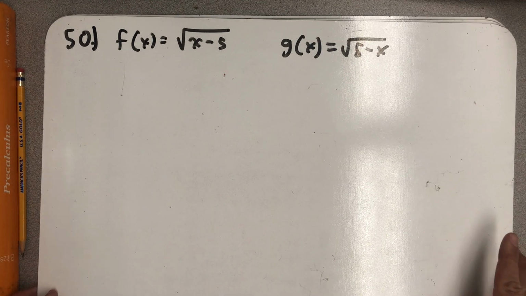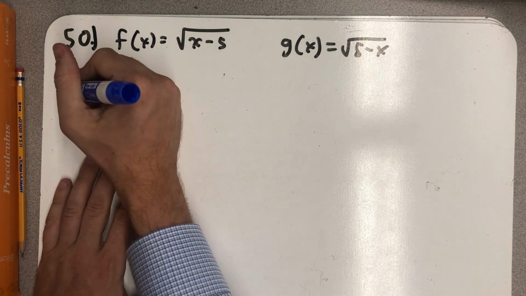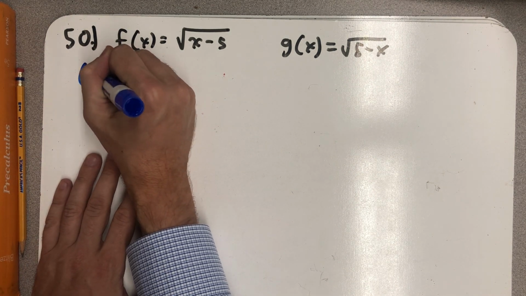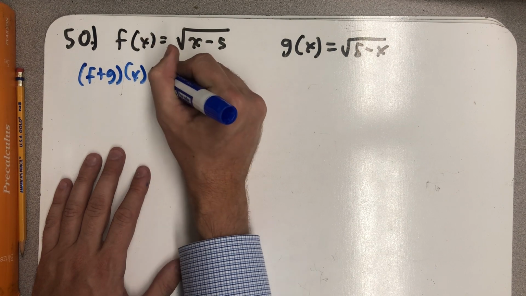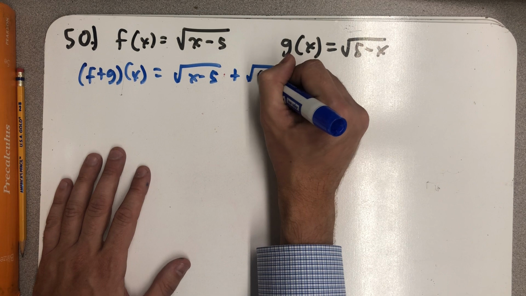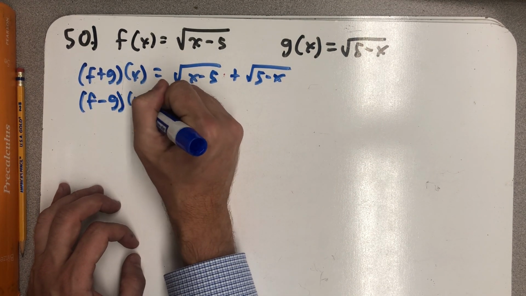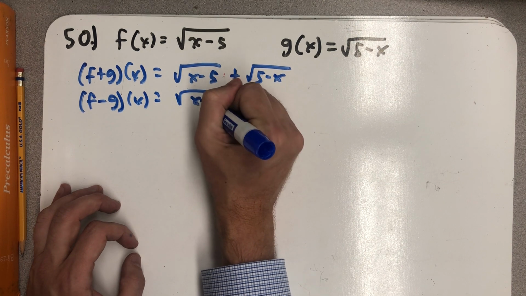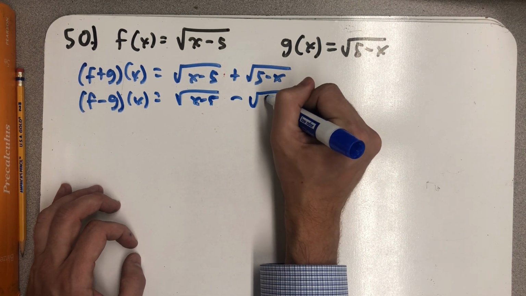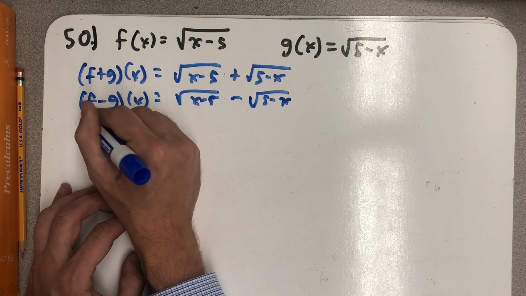Number 50 looks a lot like that. It gives me two square root functions, so I can think about adding them together. I can think about subtracting them. Multiplying them.